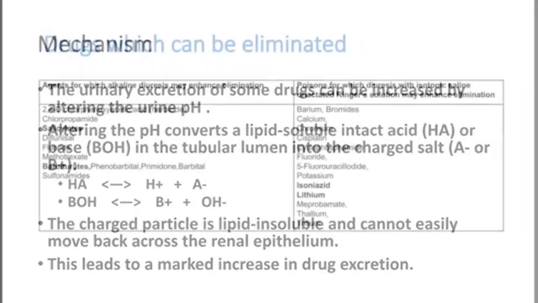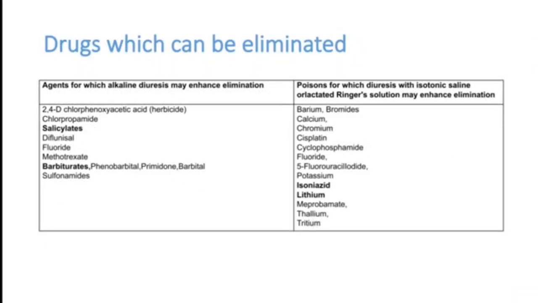Now we'll see what are the drugs which can be eliminated when you increase the urine output. What are the drugs which can be eliminated when you make the urine more alkaline?